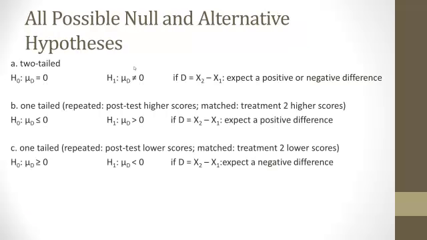So now I want to talk about all the possible null and alternative hypotheses that you could have for the t-test of related samples. So the first scenario is you have a two-tailed test, so you're just expecting some sort of difference between the two levels of your independent variable or between your pre-test and your post-test. So for your alternative, you would have the mean difference is not equal to 0.